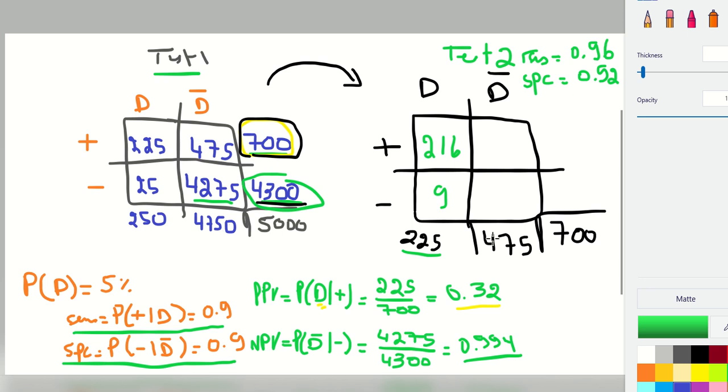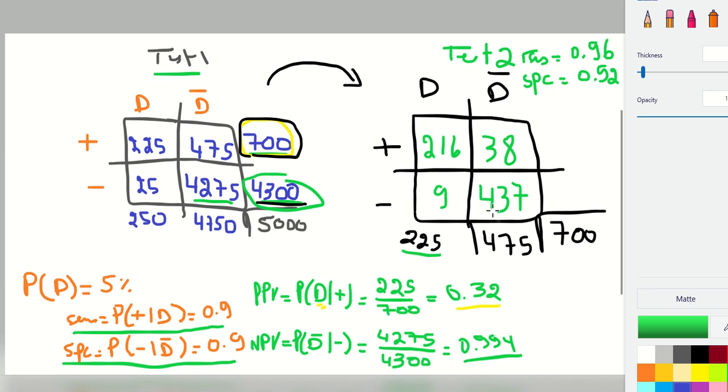Okay, now let's do the specificity. 92% of the 475 are going to be negative, and 8% are going to be positive. If we do the calculation, you're going to find that 437 are going to be negative, and 38 are going to be testing positive.